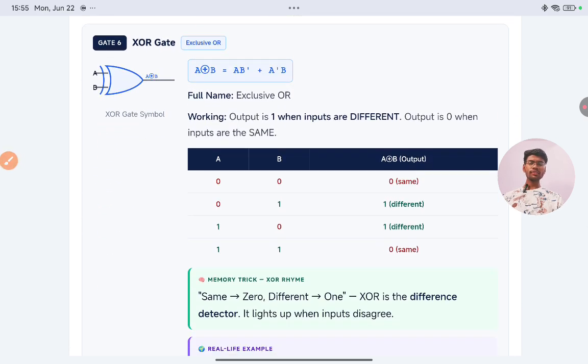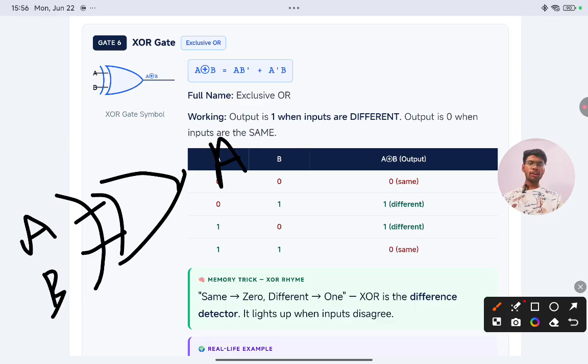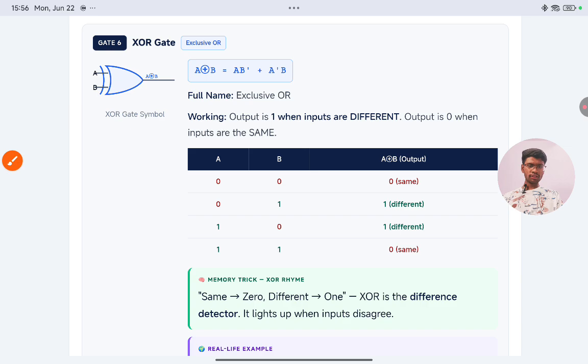There is an XOR gate, or the exclusive OR gate. How do you draw this? You draw this curved shield, and here you do this, and then draw a curved line. It's A and B, it gives this sign. The operator is a plus with a circle around it, so it is exclusive OR. And how does this work?